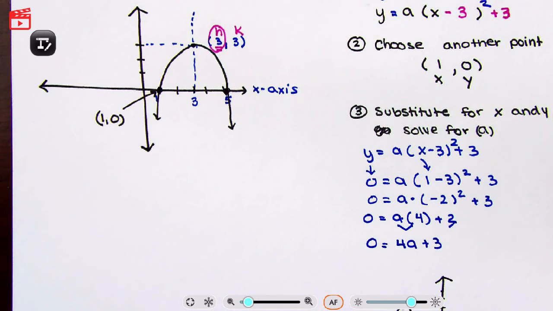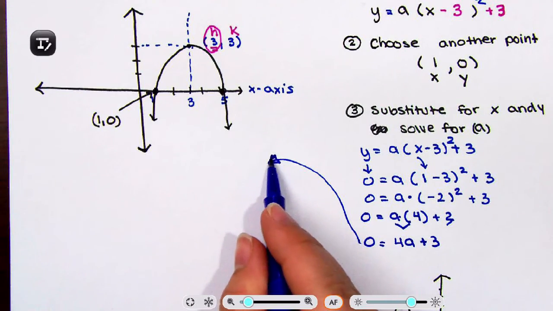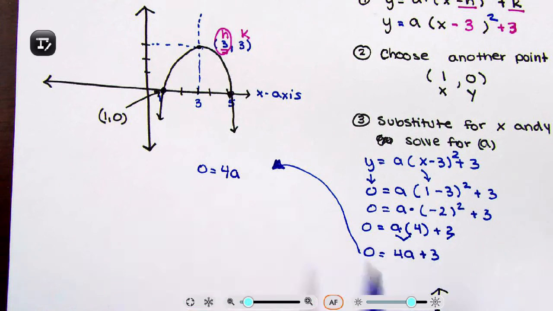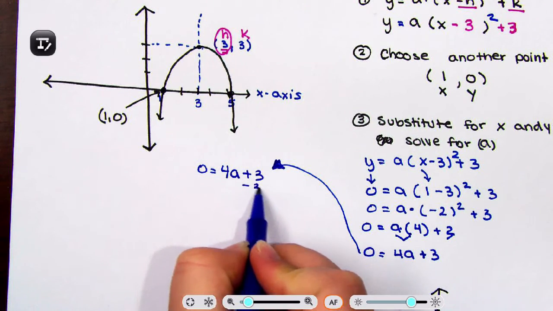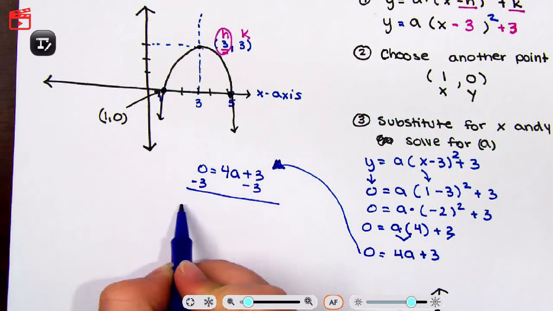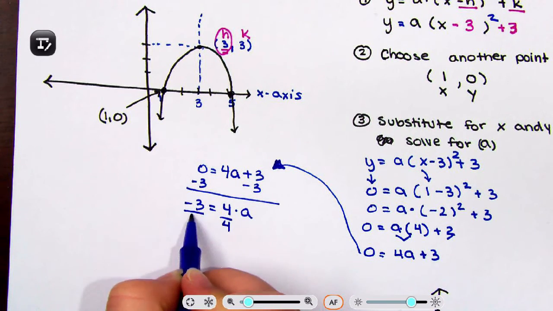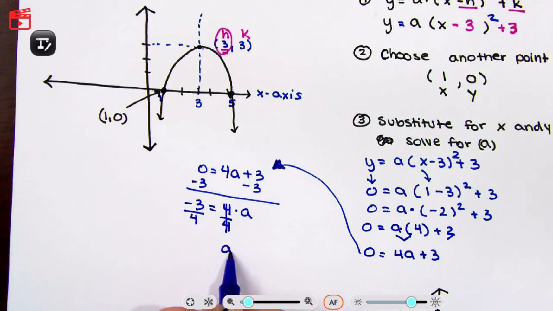Here's a 0. And I'm going to shift this up here because I'm running out of space. So I have 0 is equal to 4a plus 3. I'm going to subtract 3 both sides. So I have a negative 3 is equal to 4 times a, divide by 4, divide by 4. A is now equal to a negative 3/4.